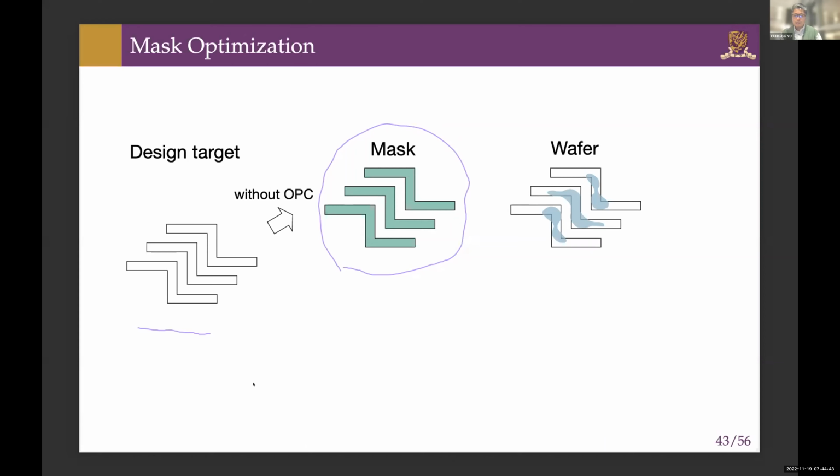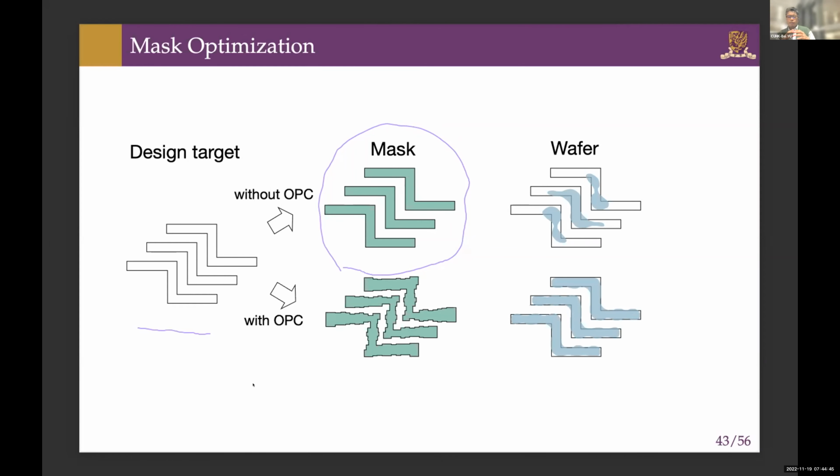And then we have to do some additional things in the mask design. For example, in some regions we have some shrinkage on the wafer, so we should enhance that part a little bit. And on the corners, we should have some special treatment on the mask and so on and so forth. So after this kind of special mask goes through the manufacturing process, we get a pattern very similar to what we want on the wafer.